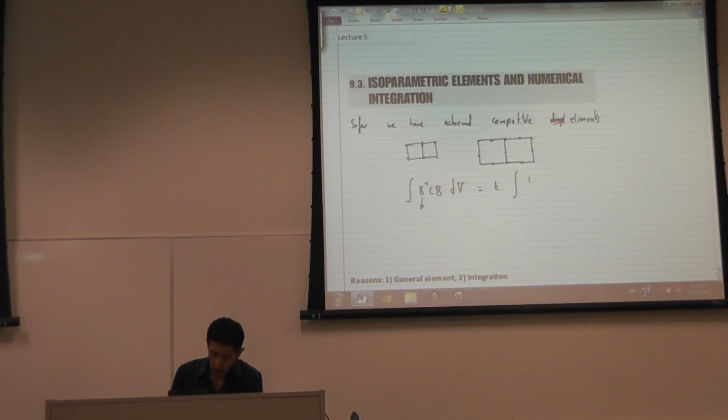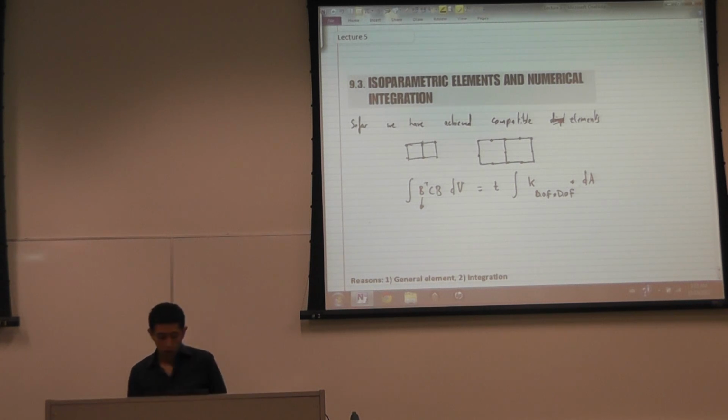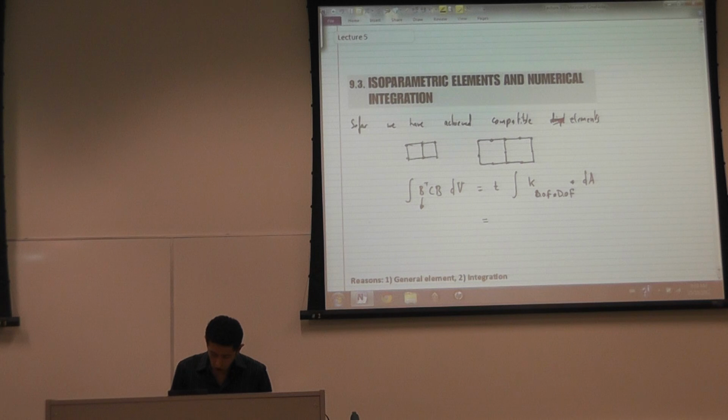You're going to obtain a matrix that's degrees of freedom multiplied by the degrees of freedom, integrated over the area. Now, this integration is done over dx dy for each element.